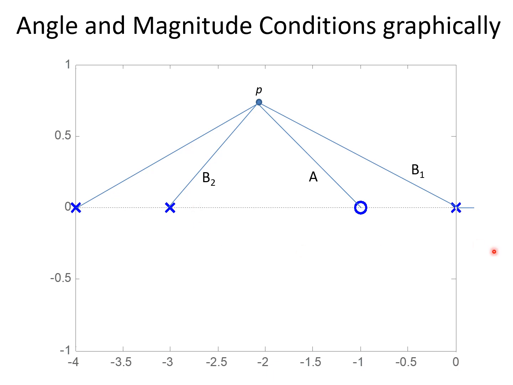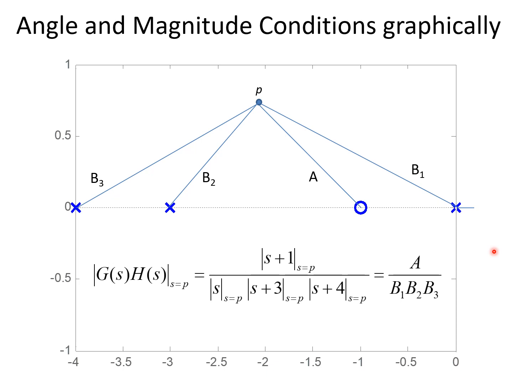I am representing them as a, b1, b2 and b3, and the magnitude condition is determined by a rule like this: magnitude of g of s into h of s at s equal to p is the magnitude of s plus 1 at s equal to p, divided by the magnitudes of s, s plus 3, and s plus 4 at s equal to p. Or else, in terms of scale, if you measure the distances here, it is a divided by b1, b2 and b3.